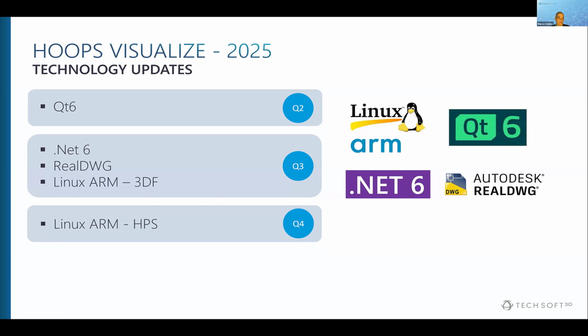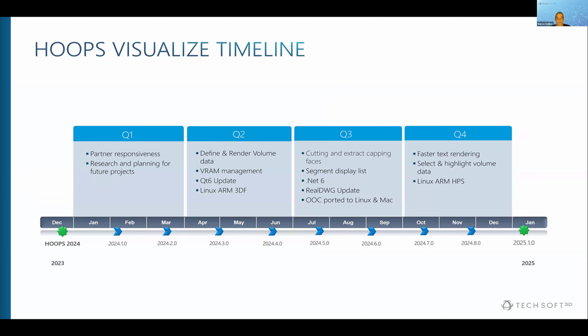We'll start with .NET 6 and see if we can go on to support versions above. Real DWG and also Linux ARM are going to be supported in both 3DF and HPS versions towards the end of the year. Same timeline as Communicator. We can refer to this when we make the PowerPoints available.